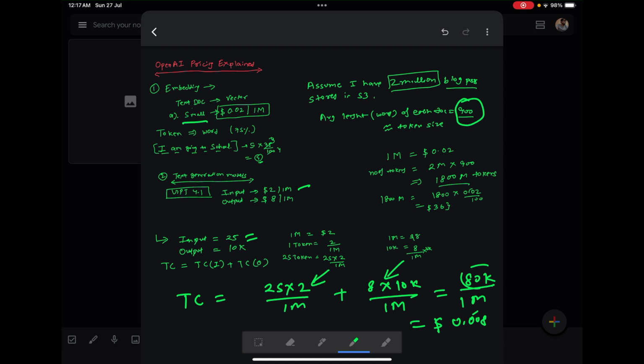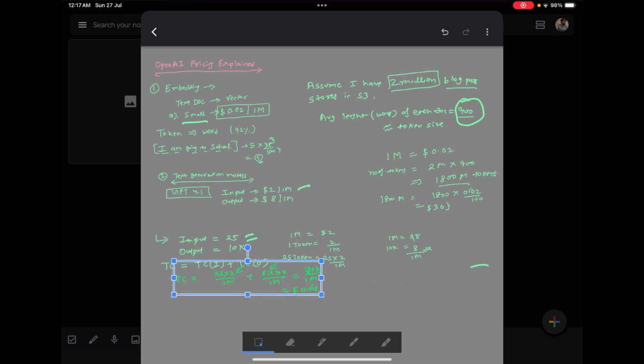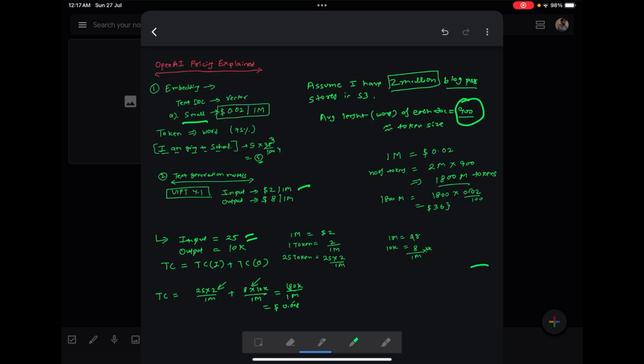So for making this query you will be charged about $0.008. I hope this is very clear.